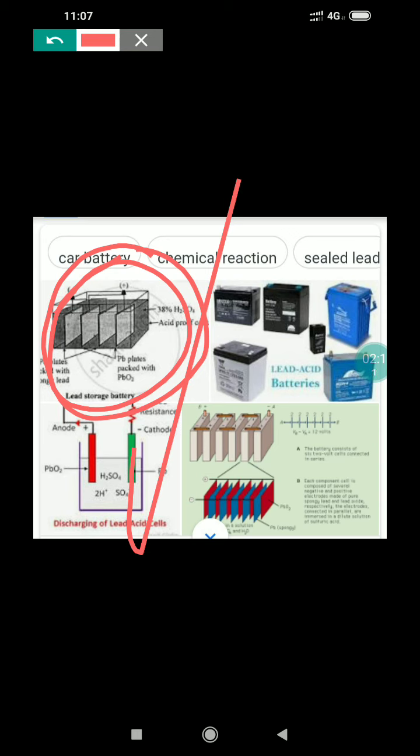per milliliter. Now the notation of this cell, here there is no salt bridge. So here Pb acts as an anode. Here Pb is in contact with PbSO4. Why is it PbSO4? Because during the reaction the lead plates are dipped into the sulfuric acid.